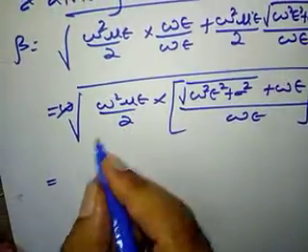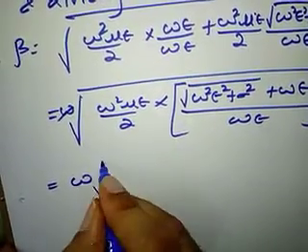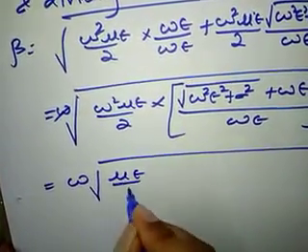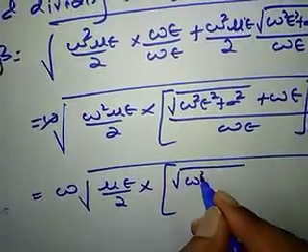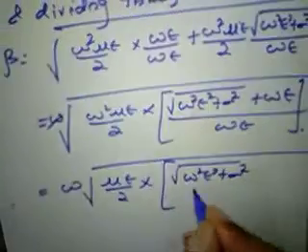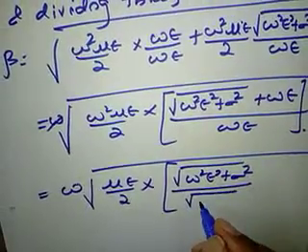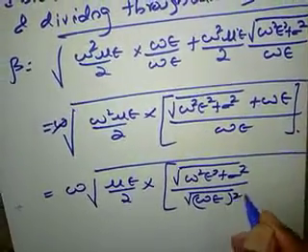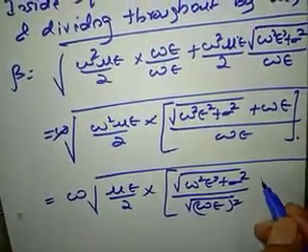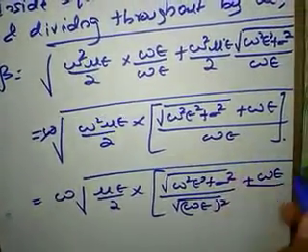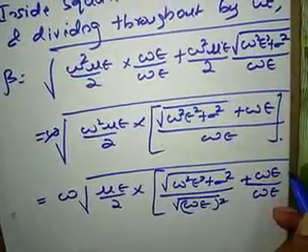This omega I will take outside: omega into the square root of mu epsilon by 2 into the square root of omega square epsilon square plus sigma square, divided by omega epsilon, plus omega epsilon divided by omega epsilon, because if I take it under the square root, it will be the square root of omega epsilon square plus omega epsilon.